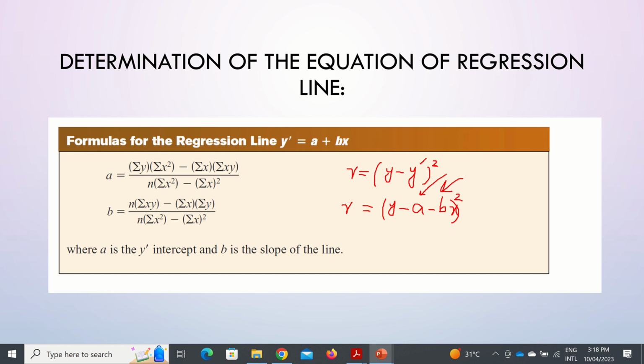So we need to differentiate this function with respect to a first, its partial derivative, because we need to find the stationary points. So partial R by partial a gives, by the power rule first, 2 times y minus a minus bx, multiplied by minus 1, because the derivative of this with respect to a is minus 1.